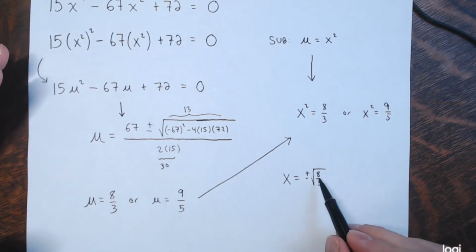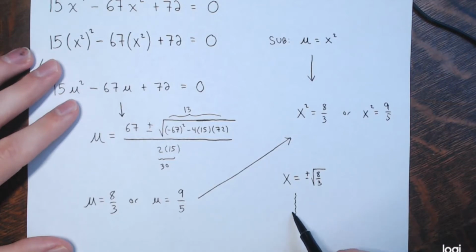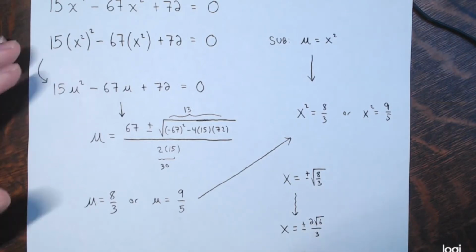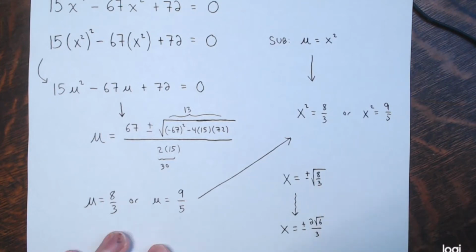which when you totally simplify your radicals and rationalize, and I leave it to you to figure out how this was done, would be 2 times the square root of 6 over 3. Because the square root of 8 is 2 times the square root of 2, and then you multiply the top and bottom by the square root of 3 and rationalize the denominator.